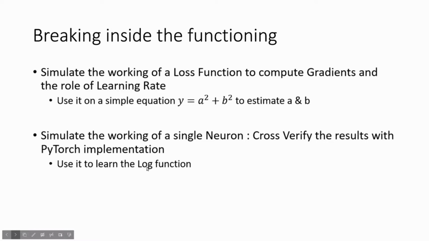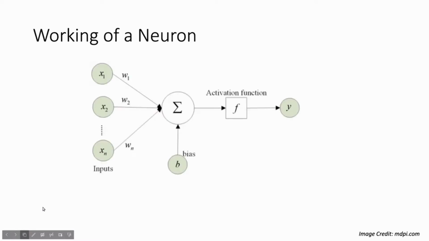For that example, we'll take the log function and see how the weights and biases are updated. So let's look at the working of a neuron. This is a single neuron, and as you would all know, let's say there are n inputs x1 to xn, and we have weights for each of the connections, w1 to wn, and we have a bias.